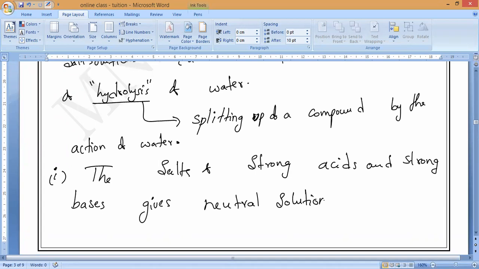Neutral solutions means pH equals 7. So pH equals 7. Understand? Now let us take an example.